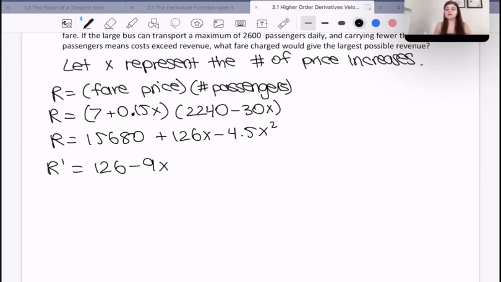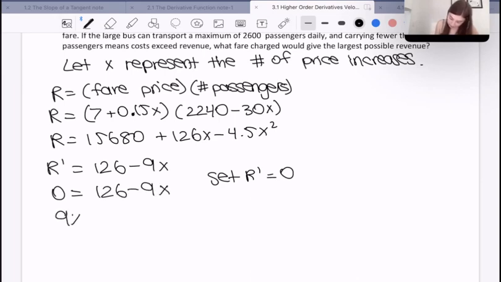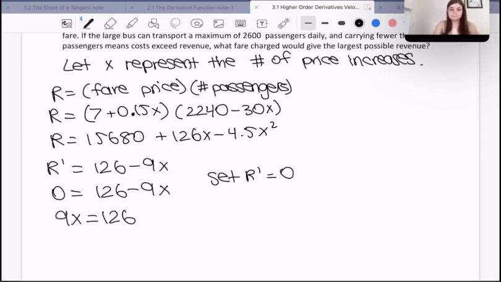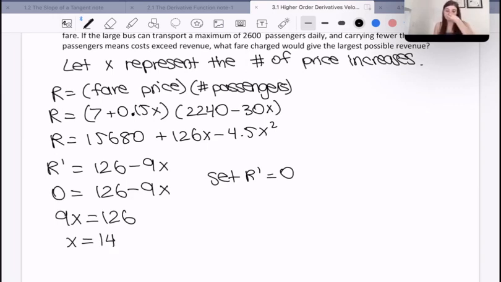Now, in order to maximize the revenue, we're going to set our derivative, R prime, to 0. That would mean 0 is equal to 126 minus 9x, which means that 9x is equal to 126, which means that x is equal to 14. So therefore, the optimal price involves 14 price increases.